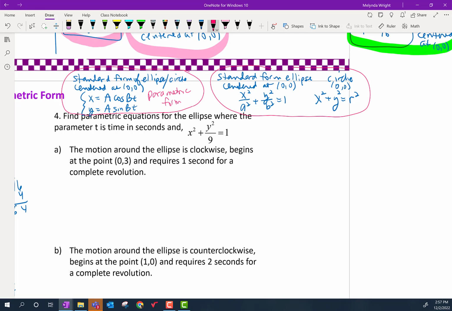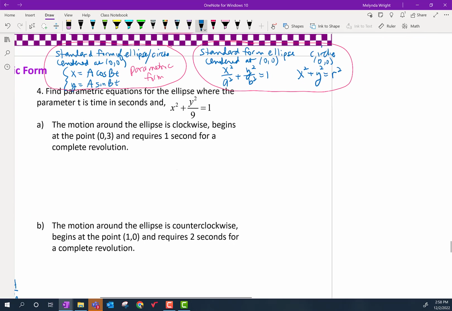Okay. So, let's look at what our task is. So this over here is rectangular form. So we have standard form of an ellipse, a circle, centered at 0, 0 in parametric form and in rectangular form.